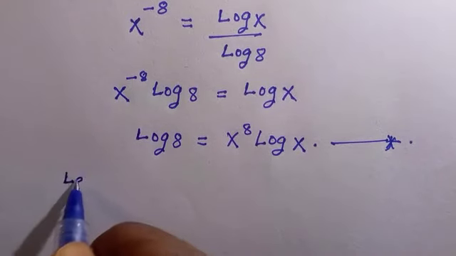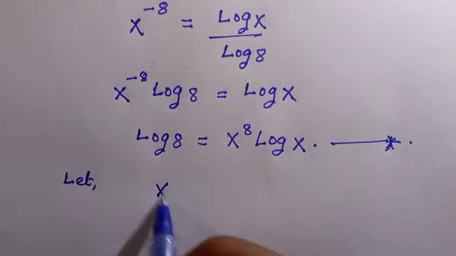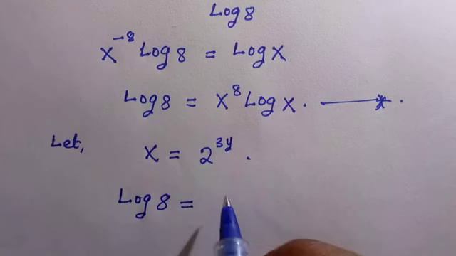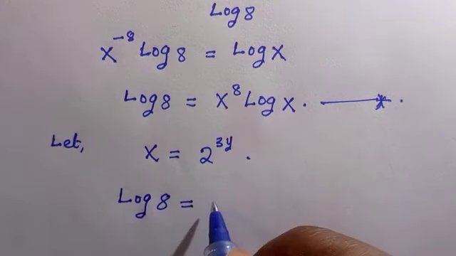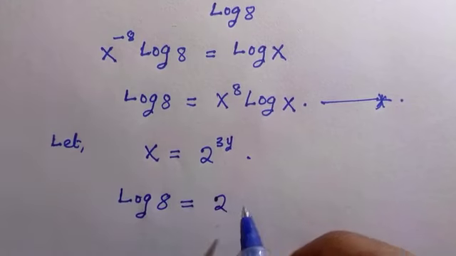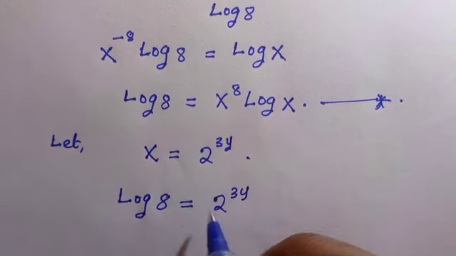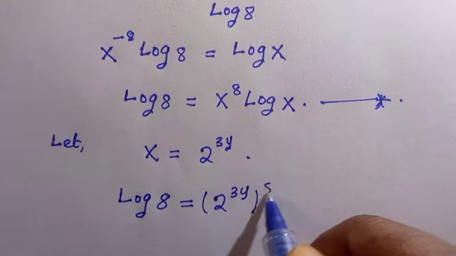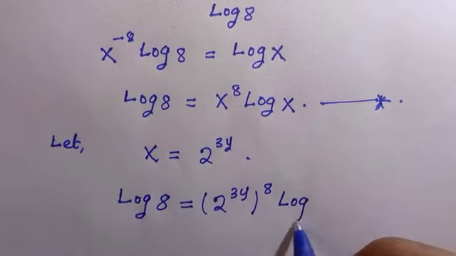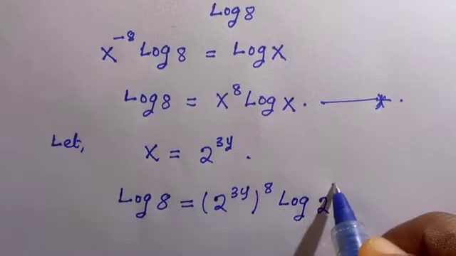Now if I assume that x equals 2 raised to power of 3y, I'll replace x with 2 raised to power of 3y in the equation above, which is 2 raised to power of 3y, all raised to power of 8, times log 2 raised to power of 3y.